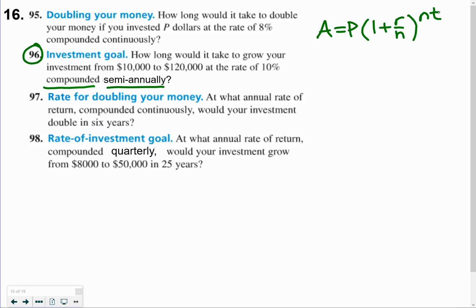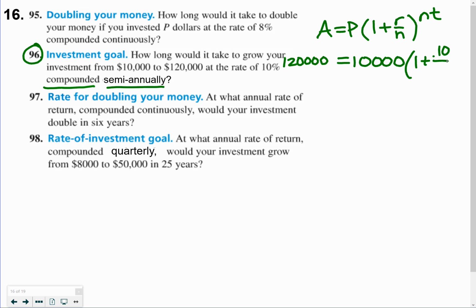So where does 10,000 go? P. Where does 120,000 go? That's A. What's my R? 10% as a decimal is 0.10, or just 0.1.